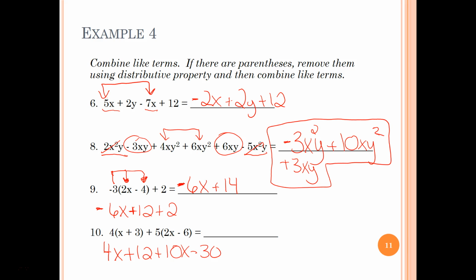So we'll combine like terms before we actually solve for that unknown value. So here we've got 4x plus 10x, which is 14x. And we also have 12 minus 30, which is going to give us a negative 18. All right, so there it is, 14x minus 18.